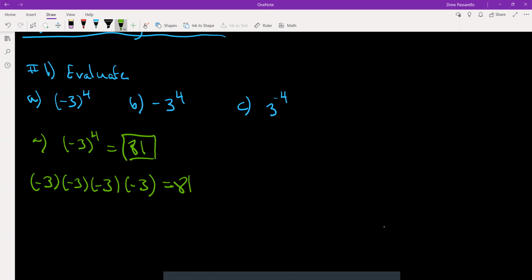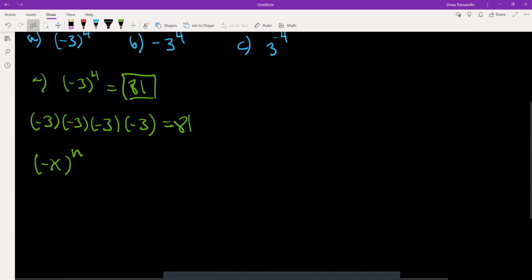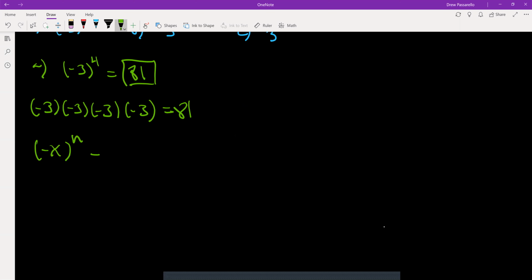And an important thing to know is that I have the parentheses. So whenever you have some quantity, let's say (-x) to some exponent n, the negative sign goes away, and it's just x to the n if the exponent's an even exponent. Now, if it's odd, you keep the negative sign.